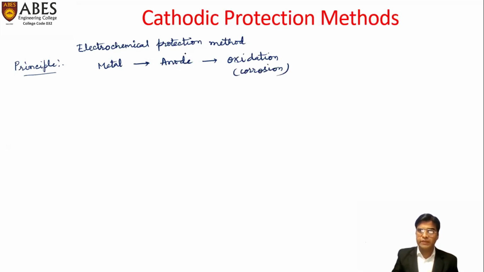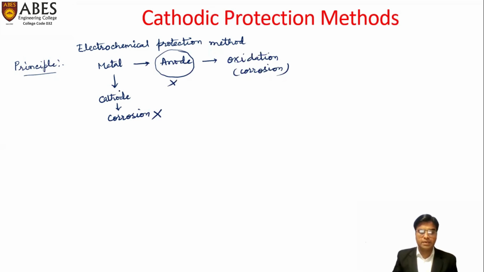It means if we prevent the role of metal as anode and we force it to work as cathode, in that case, the corrosion will not happen. This corrosion process will not happen if we force the metal to behave like cathode. So this is the principle of cathodic protection method.